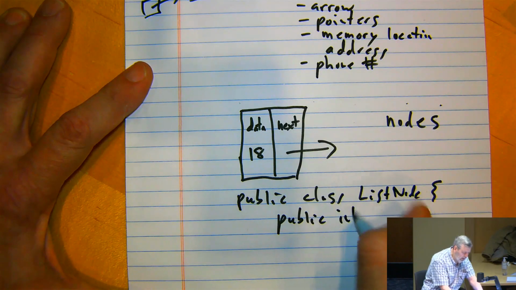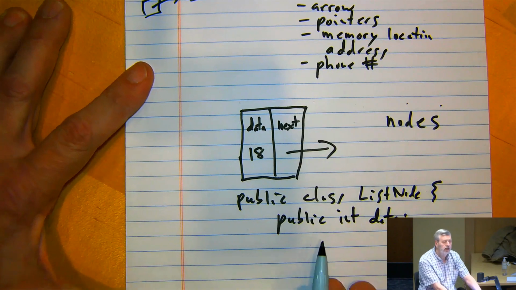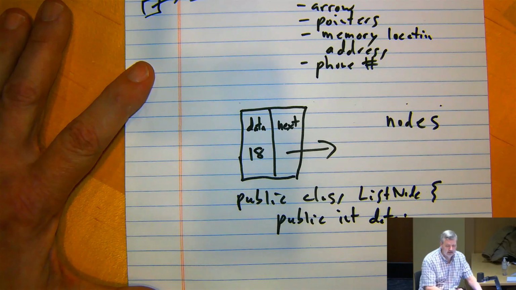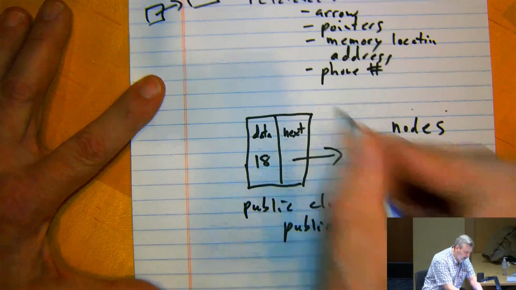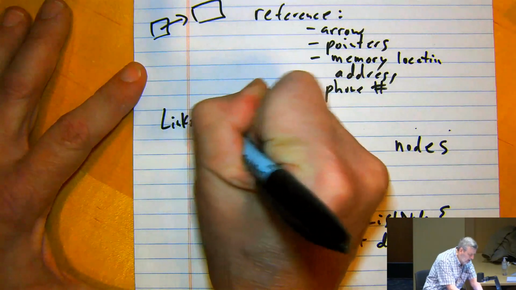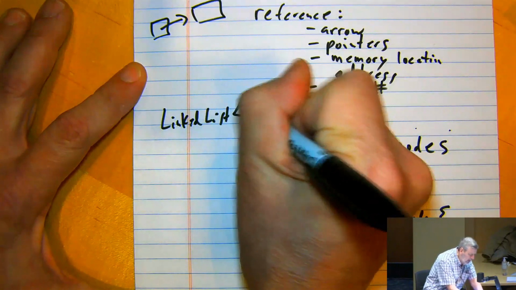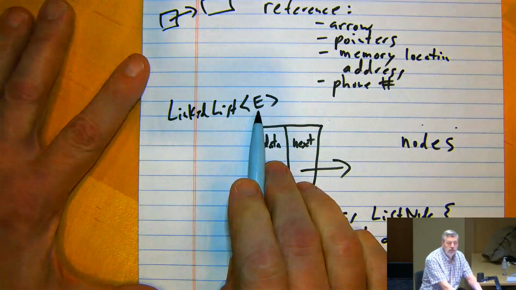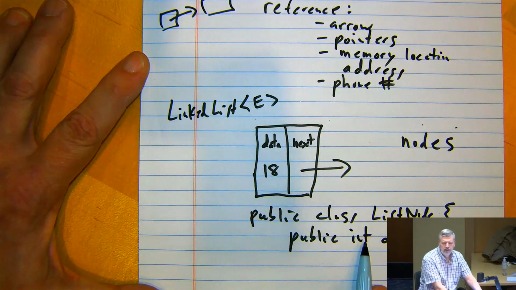So I'm going to have a public int field called data. Just like we did ArrayIntList, we're going to do LinkedIntList. We're interested in understanding the built-in structure LinkedList of E, where E can be filled in with different kinds of things, but for our purposes, we're going to fill it in with int.